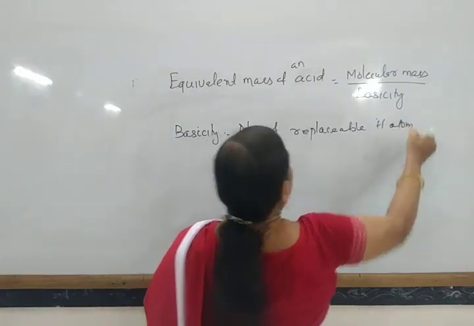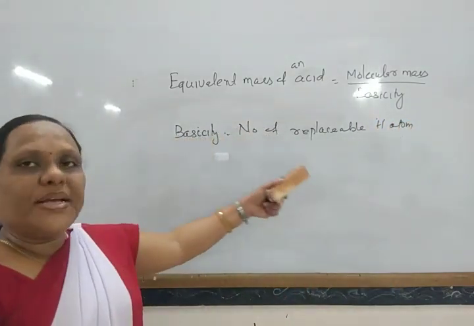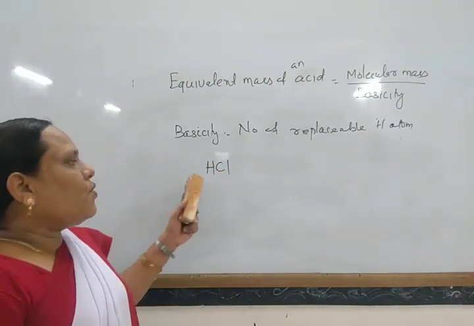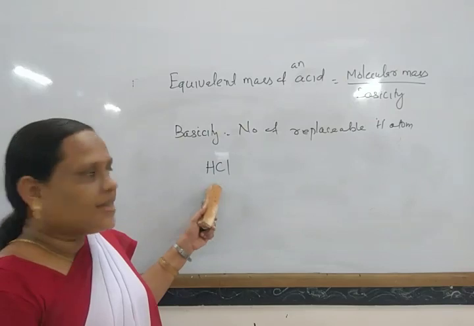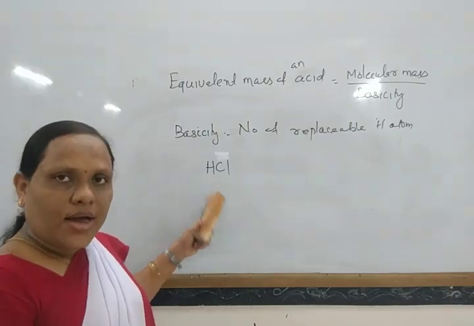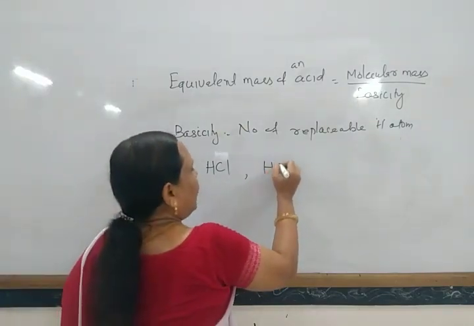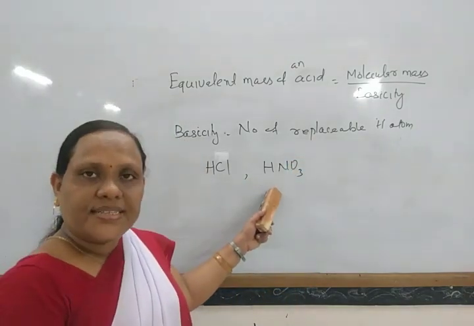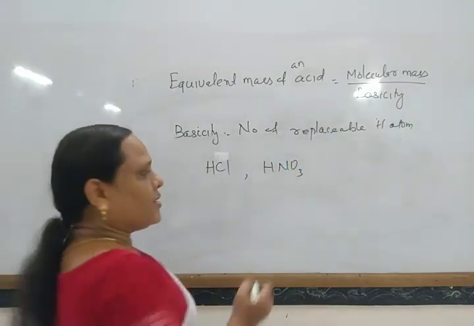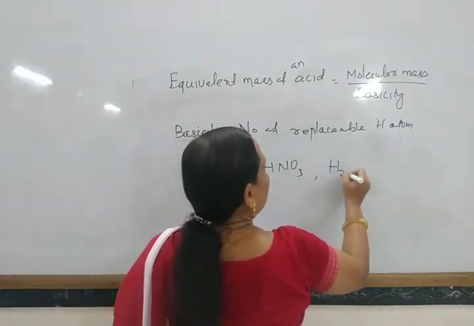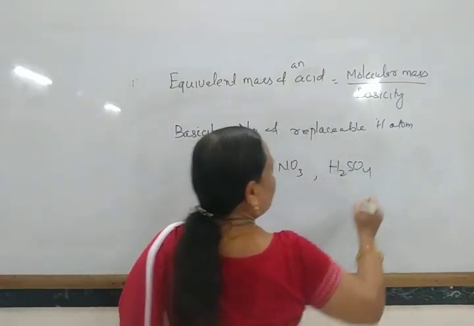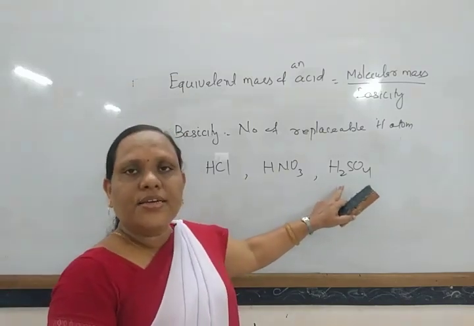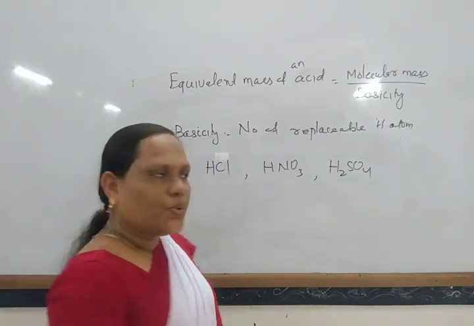For example, HCl: here only one hydrogen is present, hence its basicity is 1. If we consider HNO3, one hydrogen is present, its basicity is 1. When we consider sulfuric acid, H2SO4, 2 hydrogens are present, here basicity is 2.